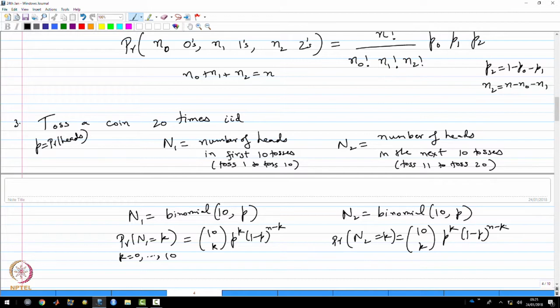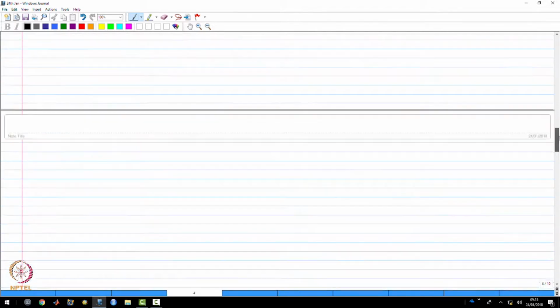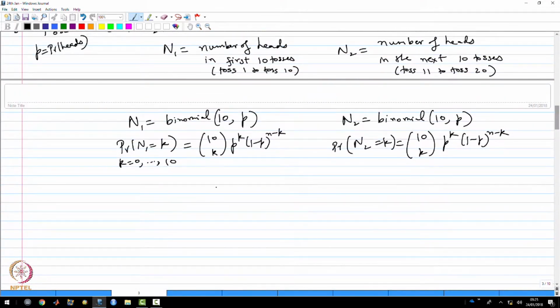But remember, n1 is a function of what happened in the first 10 tosses, and n2 is a function of what happened in the next 10 tosses. And these two are not connected in any way, because they're all from independent tosses, right? So as a result, n1 is independent of n2. Okay, so that's the important result here, which we will use. So the important observation is that n1 and n2 are independent.